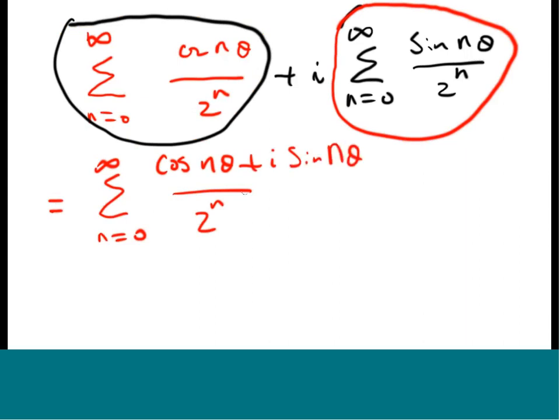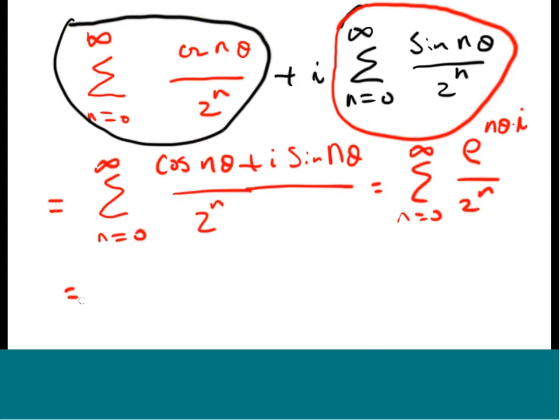Right? So then that equals the sum of 1 over 2 to the n times e to the i n theta. Is that right? Yeah.